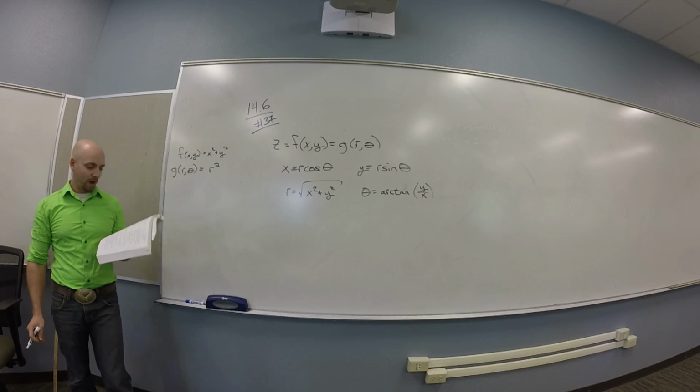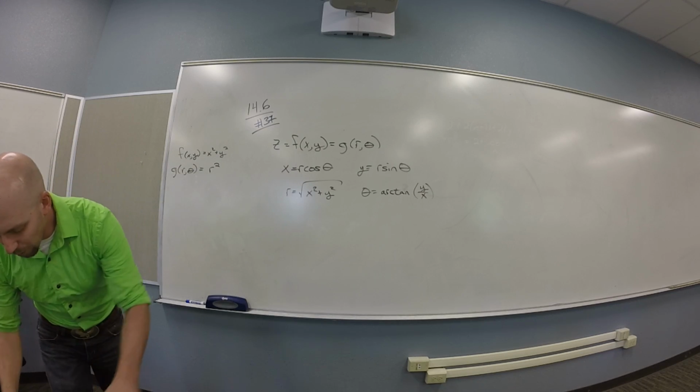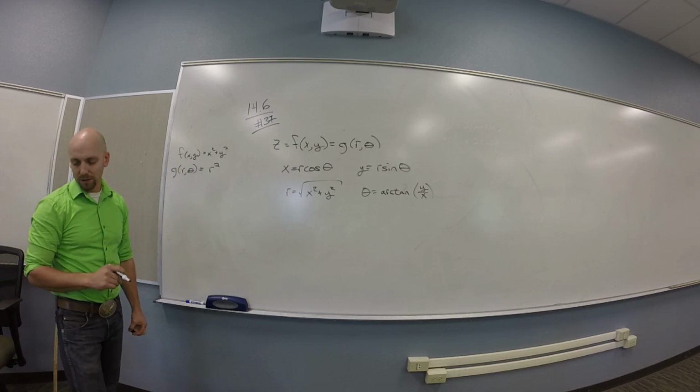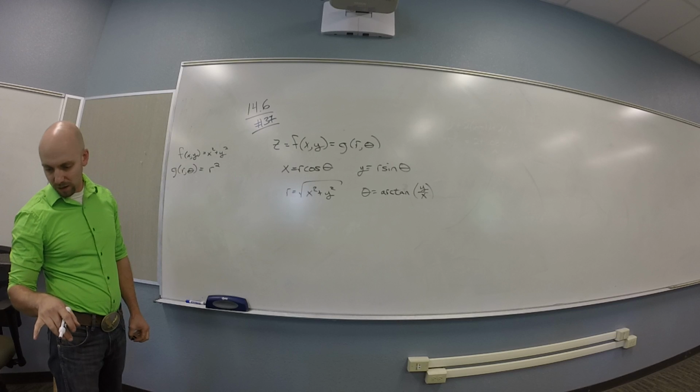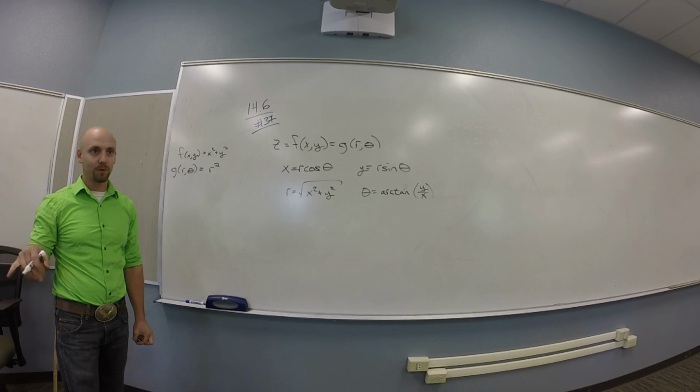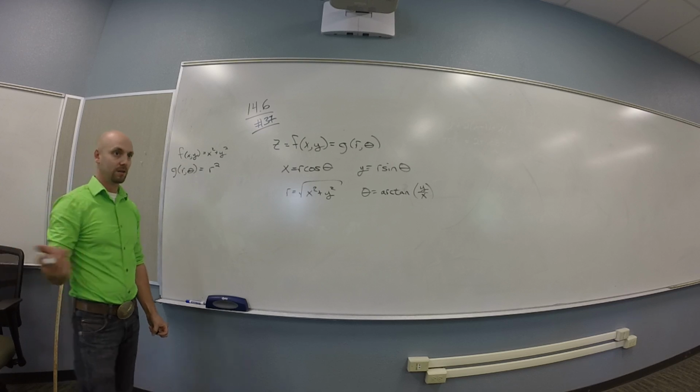Okay, so they want me to find the partial of z with respect to r and the partial of z with respect to theta in terms of the partial of z with respect to x and the partial of z with respect to y.